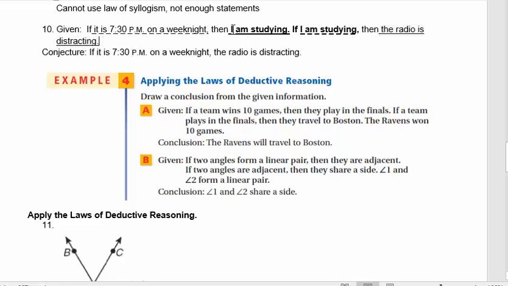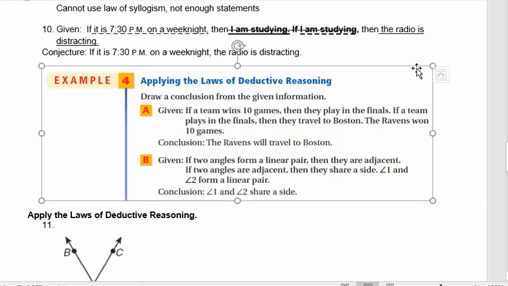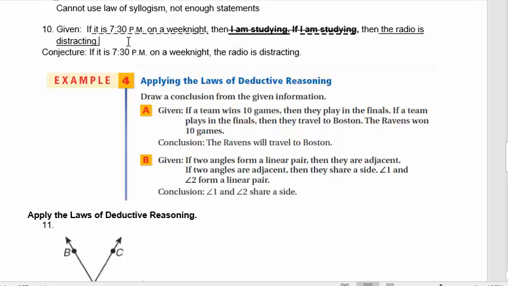But because these two match, it's almost like we're crossing them out. And then I'm jumping over the parts that are the same and just going to the conjecture. So if it is 7:30 p.m. on a weeknight, then the radio is distracting.